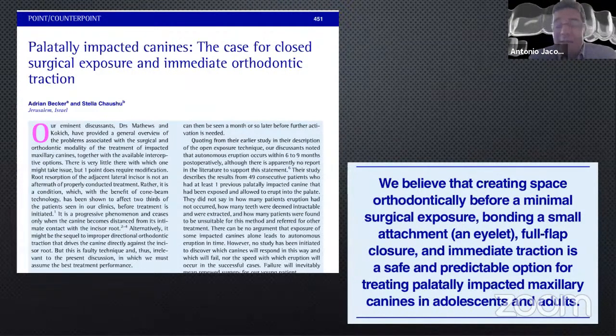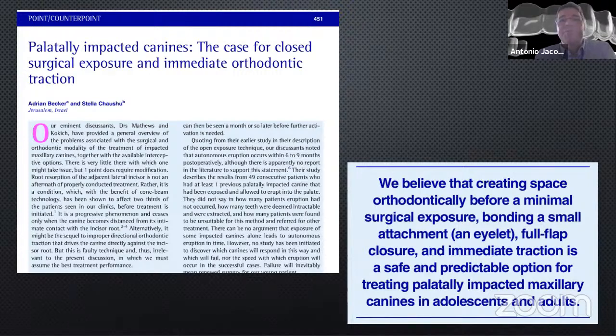I have always used this closed flap technique in my cases, because I think it's a chance to have good attached gingiva at the end of the eruption of the canines.